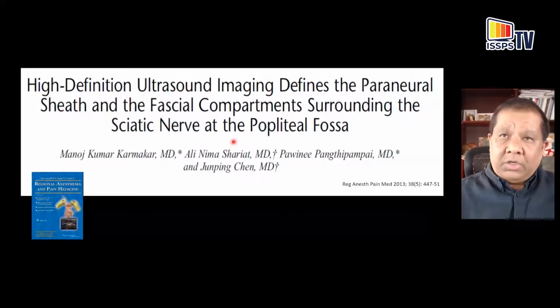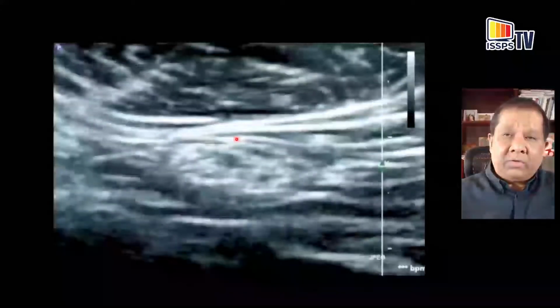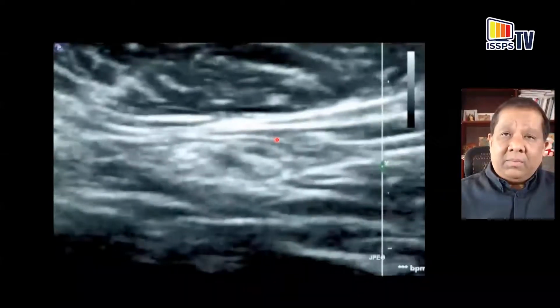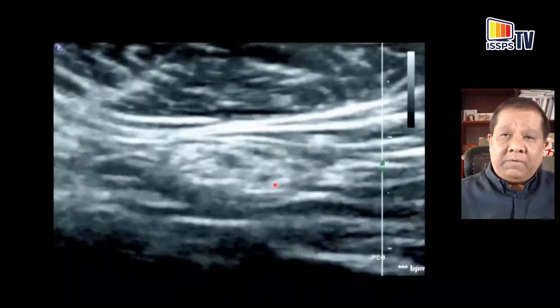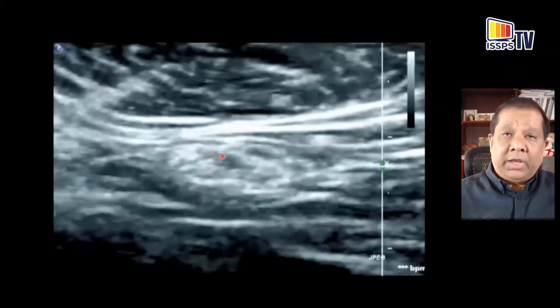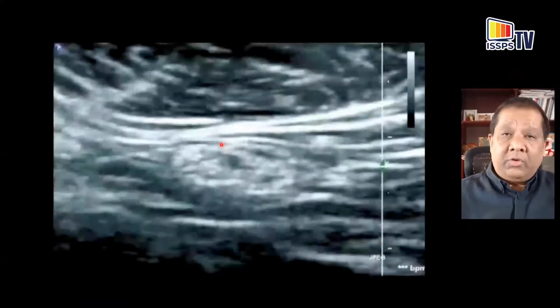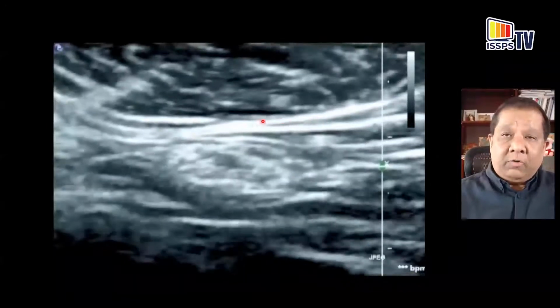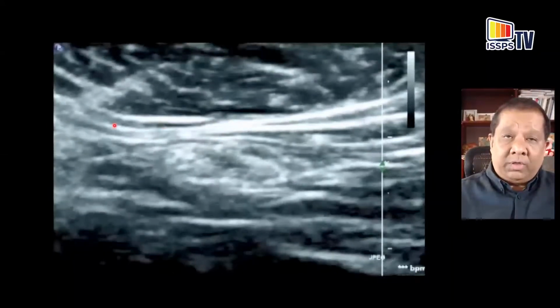With high-definition ultrasound during paraneural sciatic nerve injections, we have demonstrated that the circumneural sheath can be defined as a separate connective tissue layer, which is external to the epineurium of the nerve or the outer skin of the nerve, and is very distinct from the epimysium of the muscles.